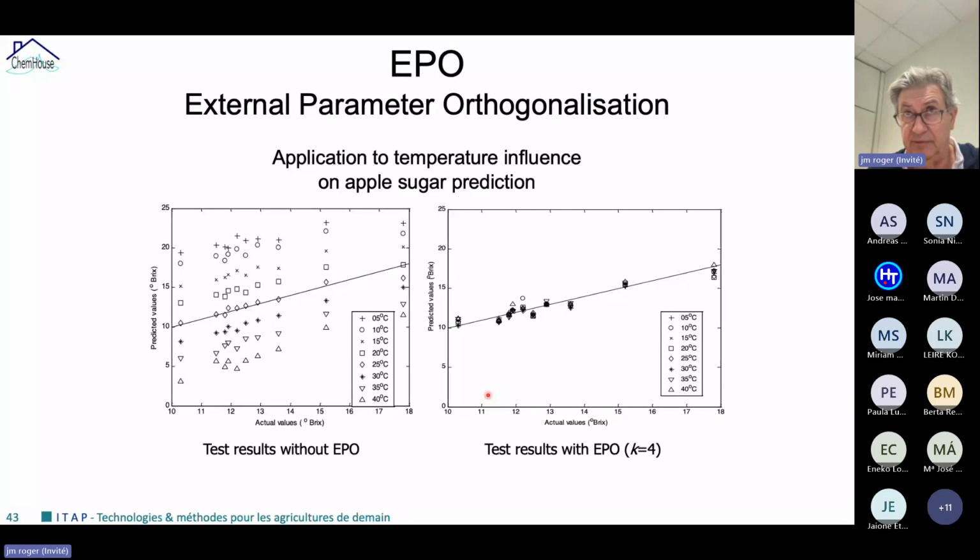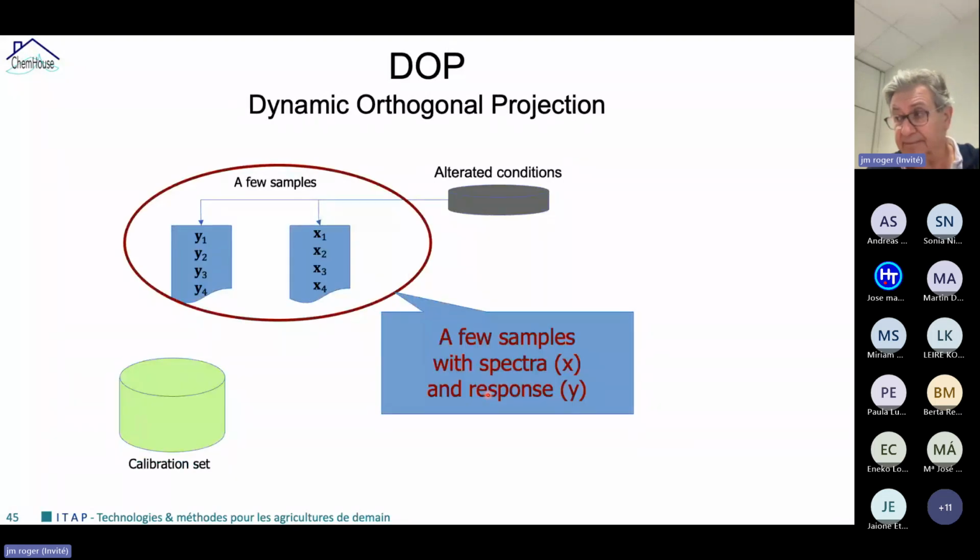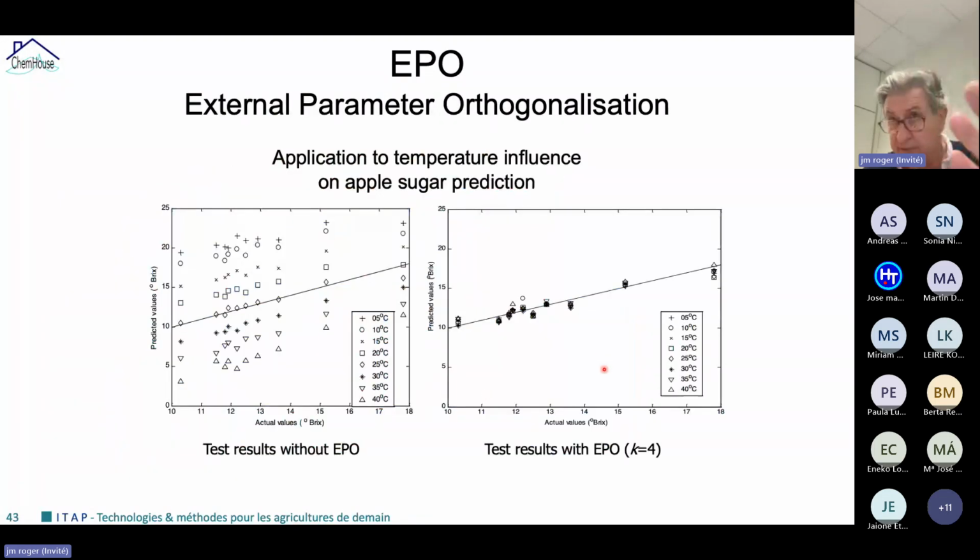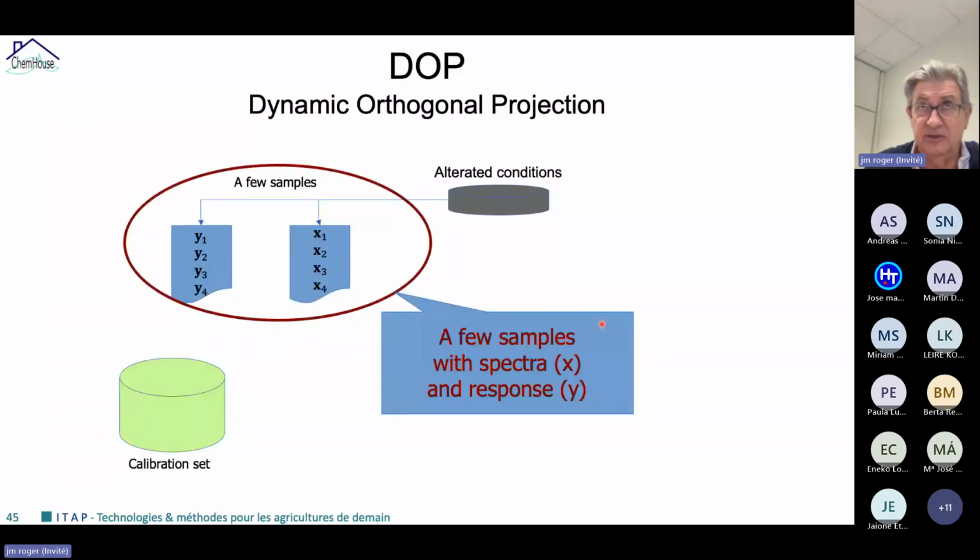And one point which is very important is that if you correct for this temperature, it should work for other ones. And also, if you correct for a shift of temperature, and if this shift of temperature disappears, it still works, okay? We will see that after. Okay, another method is dynamic orthogonal projection.